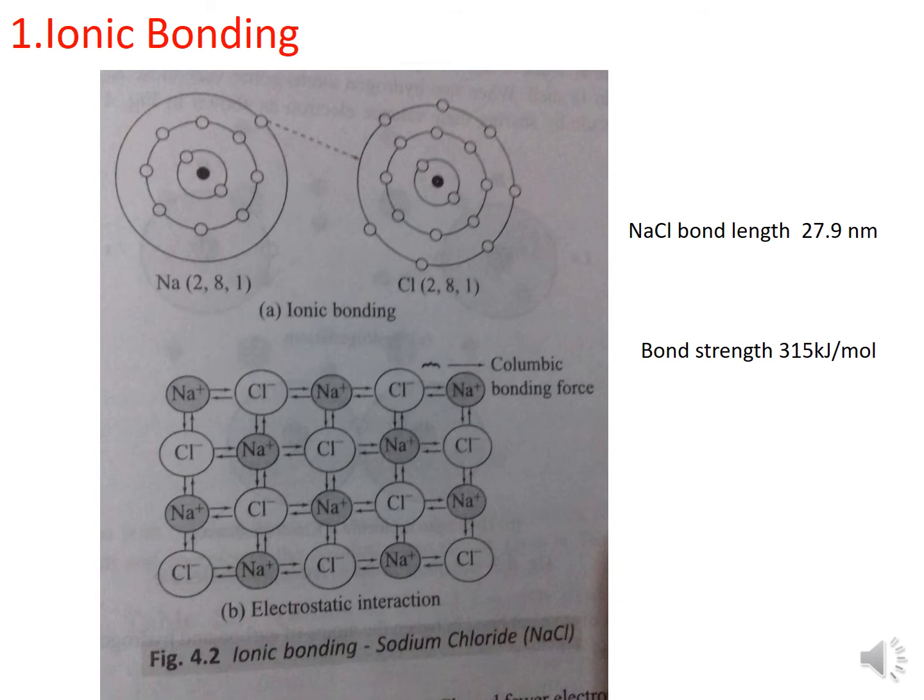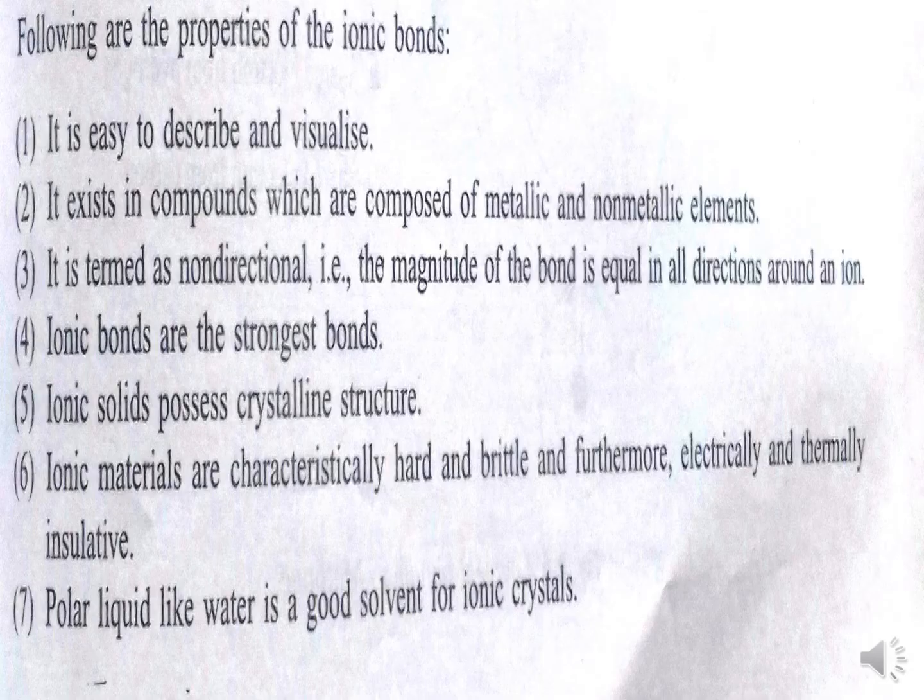So naturally a bond is formed between Na and Cl. That electron is transferred to Cl, and Na becomes Na plus and Cl becomes Cl minus. This ionic bond formed in NaCl has bond length 27.9 nanometer and bond strength 315 kilojoules per mole.